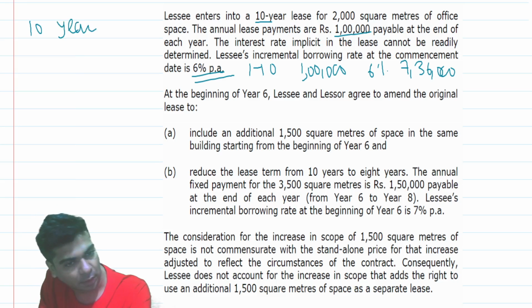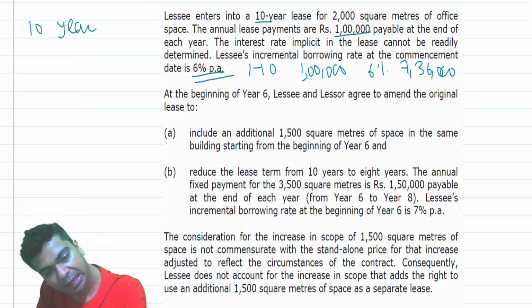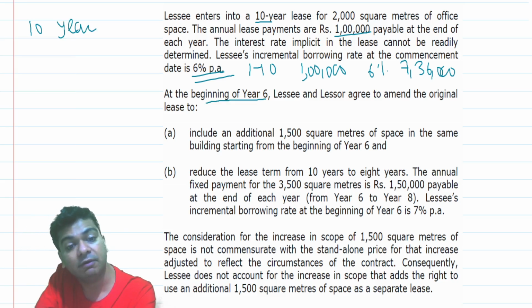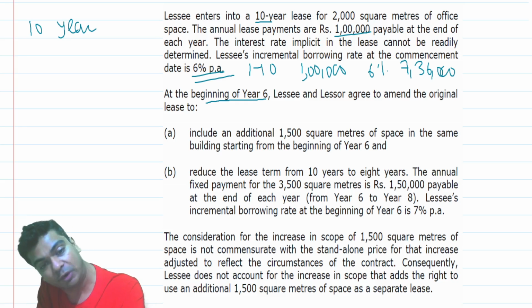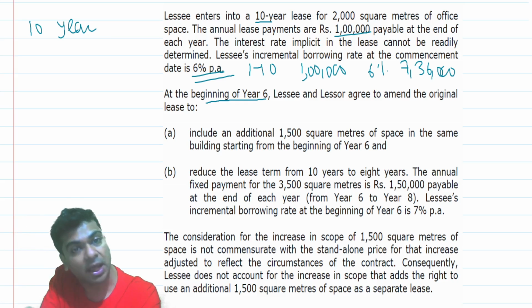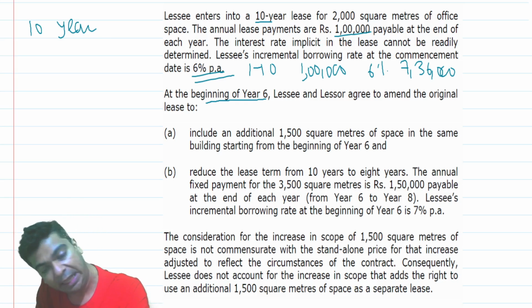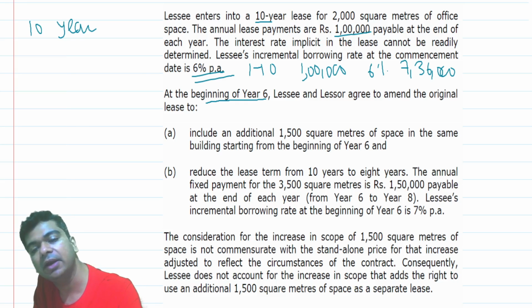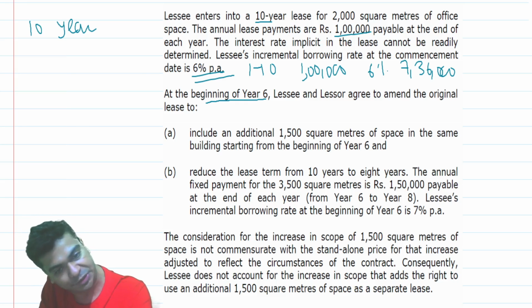Then they say at the beginning of year 6, it is as good as end of year 5, lessee and the lessor agree to amend the original lease to include an additional 1500 square meters.